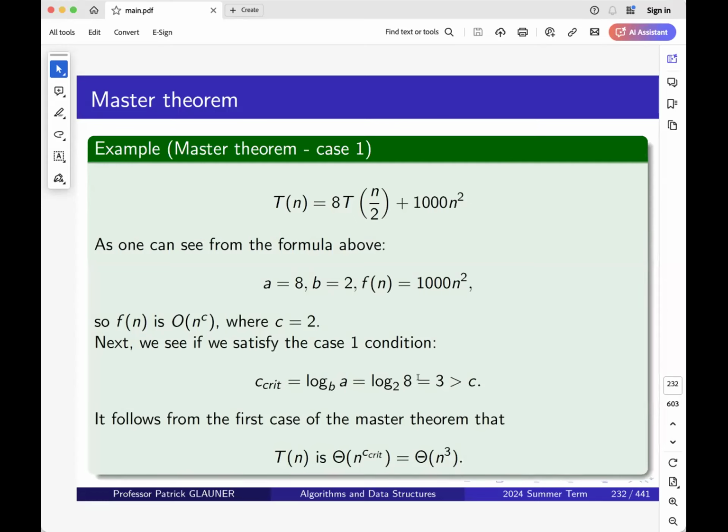It's exactly by comparing C critical to C. If C critical is greater than C, then it's leaf heavy, because C describes the work on splitting or recombining, and C critical describes the recursion.